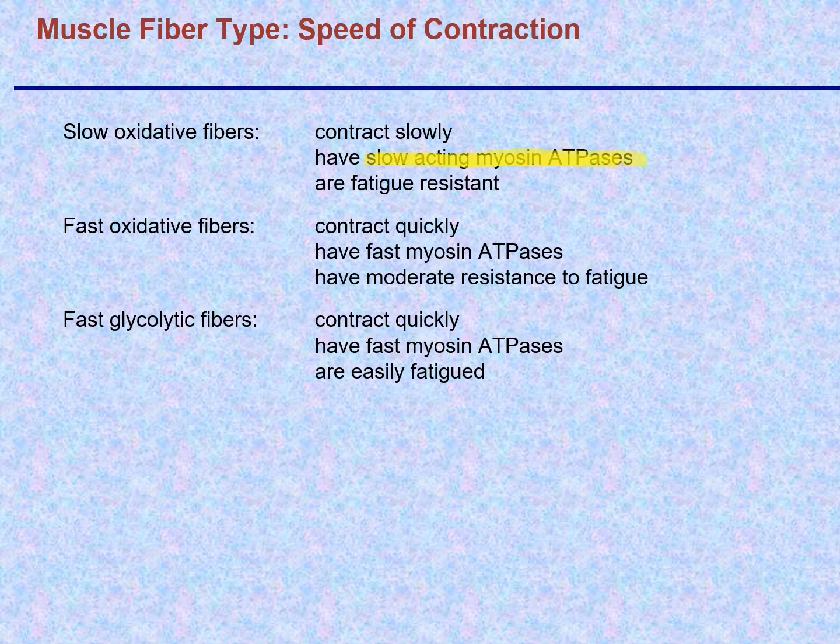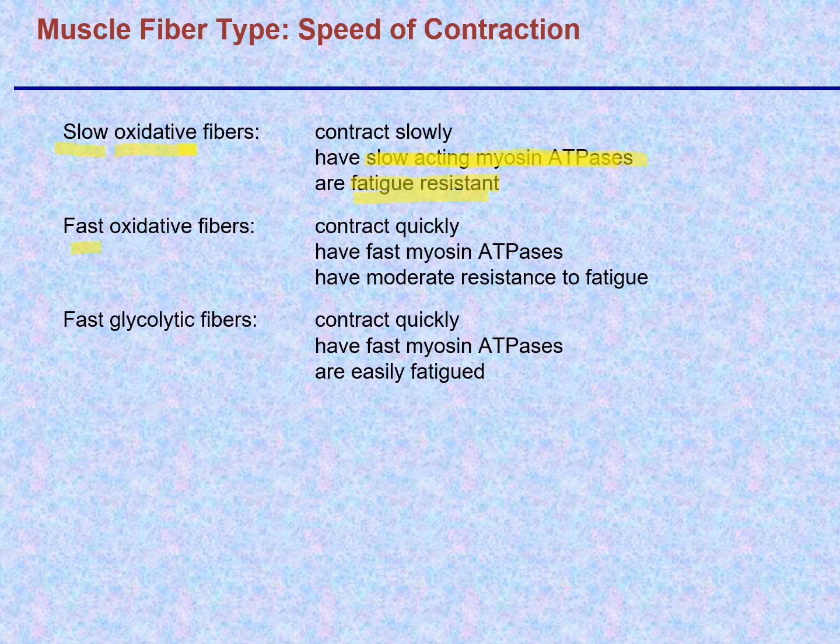These slow oxidative fibers are very resistant to fatigue. They will not easily tire out. So slow oxidative fibers, it's all in the name. They're using oxidative aerobic respiratory pathways to generate ATP. They have a slower acting myosin ATPase to release the energy from ATP. They are very fatigue resistant.